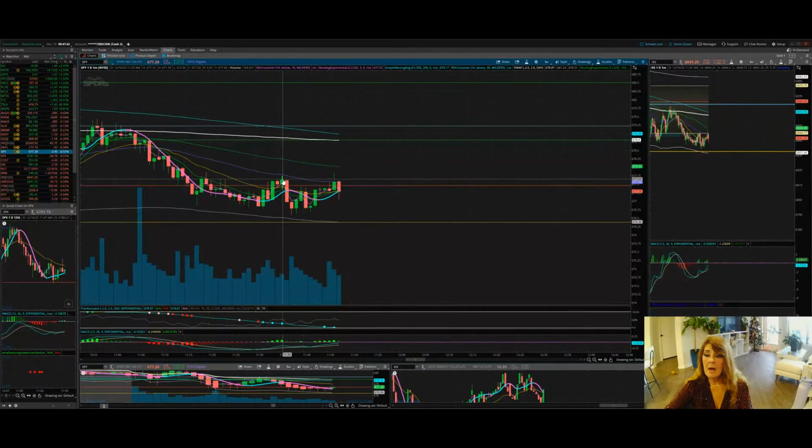High, high, high. And then this is the low. So we've been kind of making a flat top with a bottom that's going down, a descending triangle.